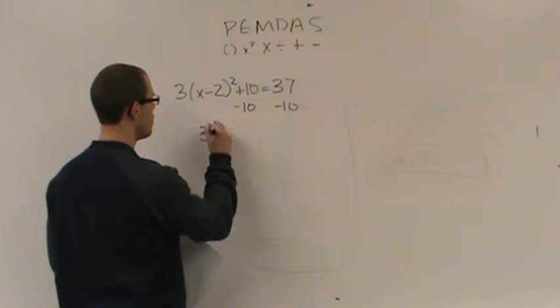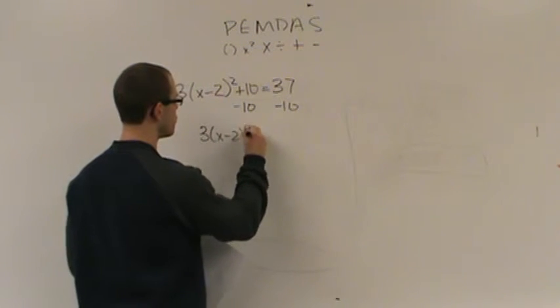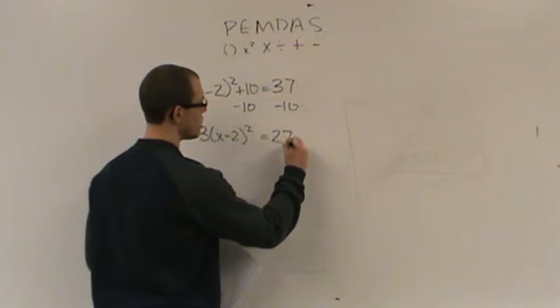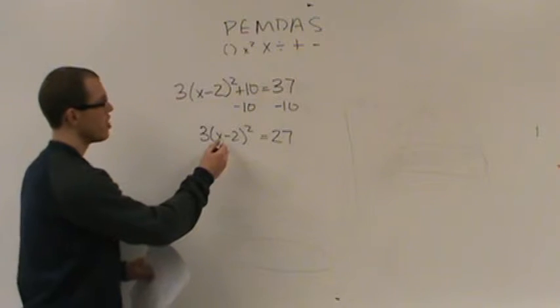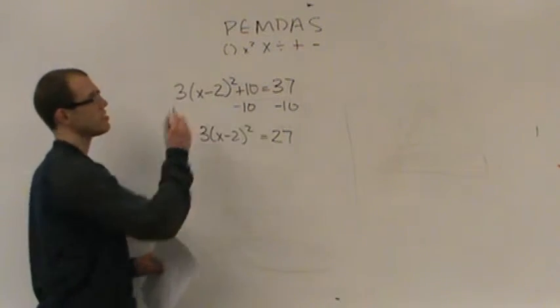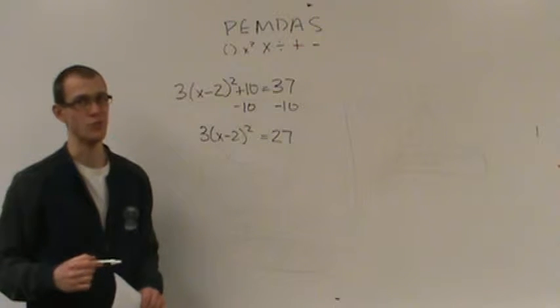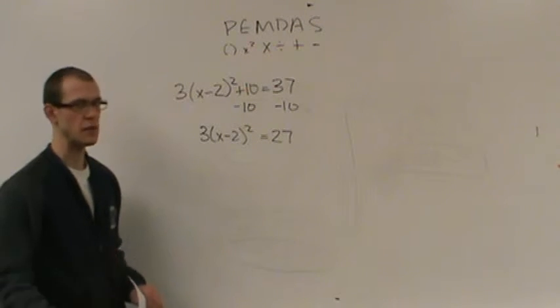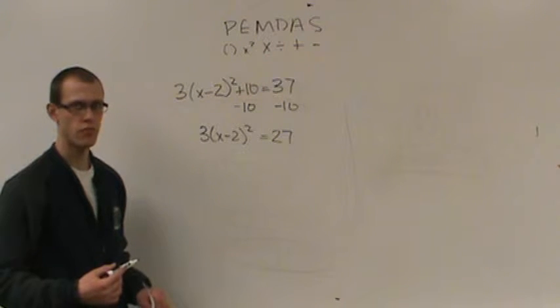So we have 3 times x minus 2, quantity squared, equals 37 minus 10 is 27. Notice that I didn't touch this minus 2 inside. That's because it's in the parentheses, and that's the very last thing we'll do. All right? So now we move into multiplication and division. Do we see any multiplication or division in this problem? Yeah, we do.